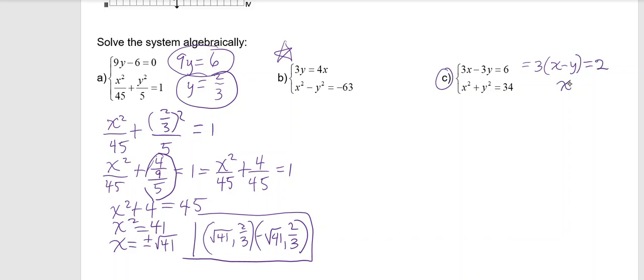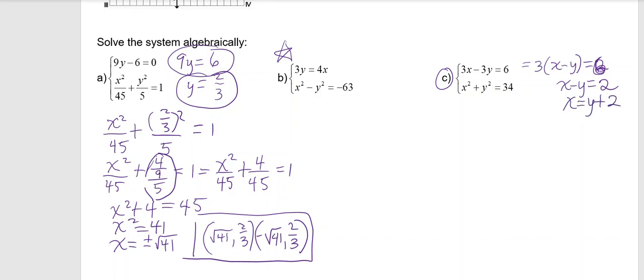Wait a minute. Oh, that would be 6. Sorry, guys. So x minus y equals 2. A little slow on the uptake this morning. So x equals y plus 2.